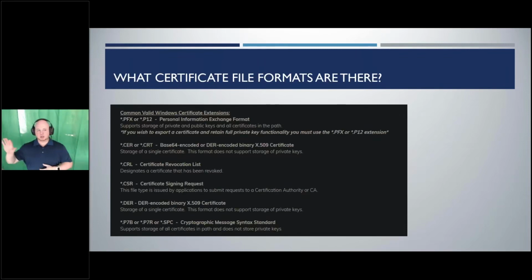What I wanted to talk about is a couple of big caveats and callouts here. I'm not going to read the slide to you. The P12 is the one that I would be concerned with. You'll notice when you read the descriptions there, the P12 is the only one that contains private key material.